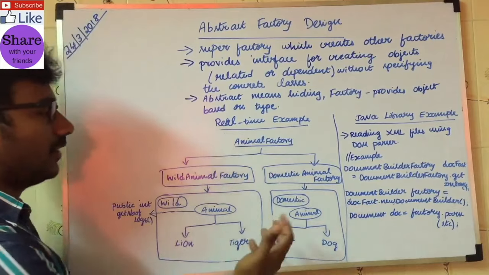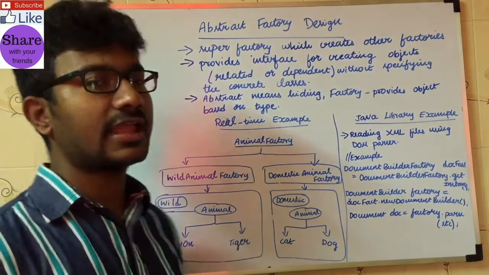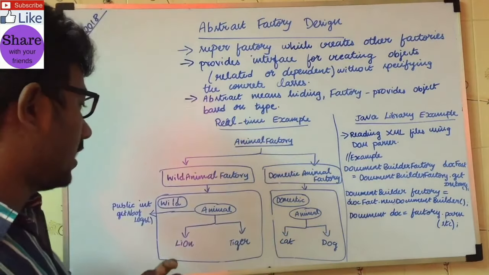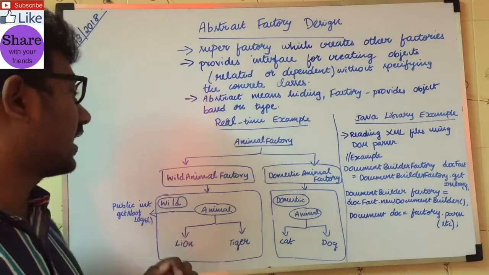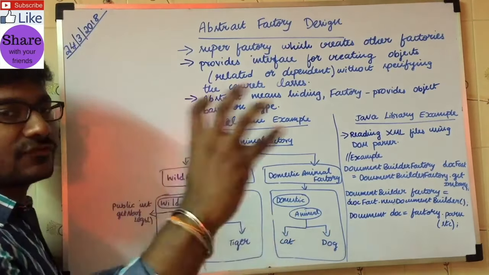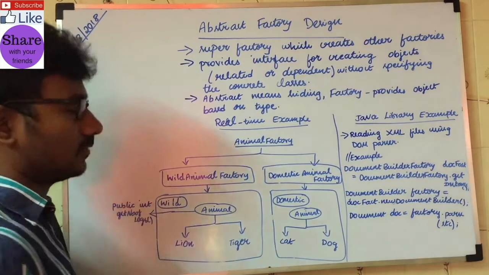I have classified animals into 2 types, domestic and wild. Under the domestic category, cat and dog belong. Lion and tiger belong to the wild animal category. Technically, animal is an interface. It has a method called public int getNumberOfLegs.